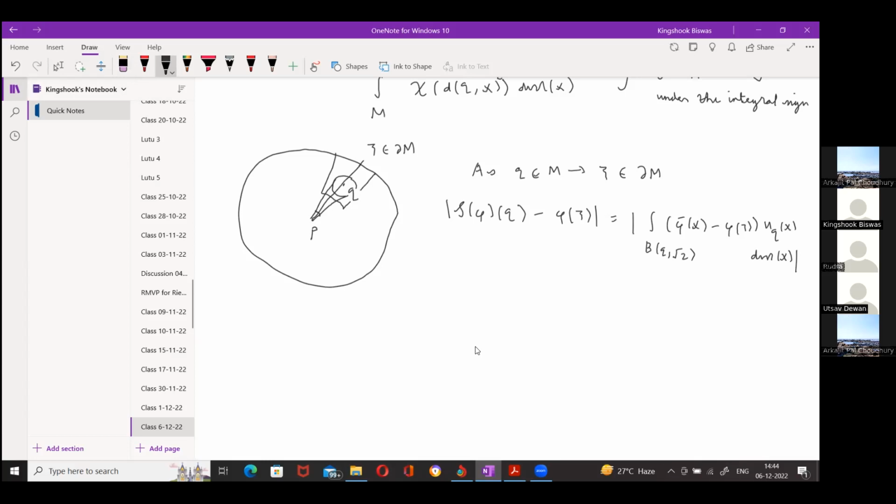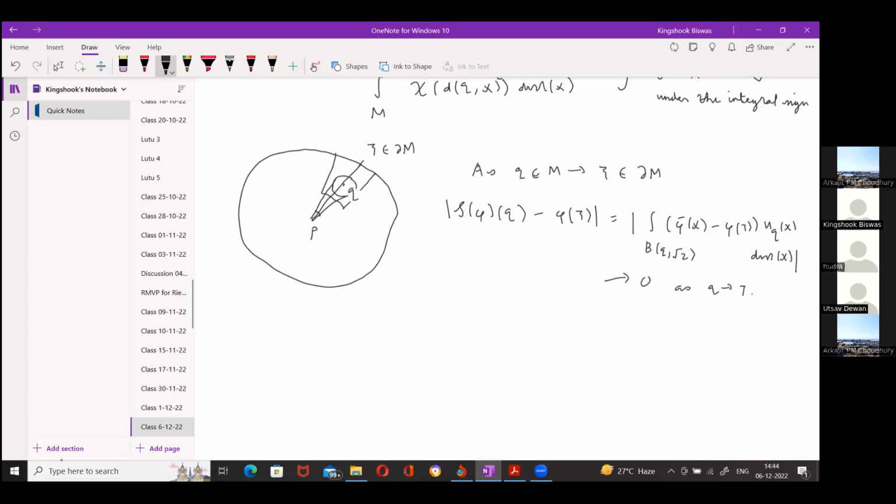And on this ball, phi bar x is uniformly close to phi xi, the boundary value. So that means this goes to 0 as q tends to xi. Is this clear? Yes.